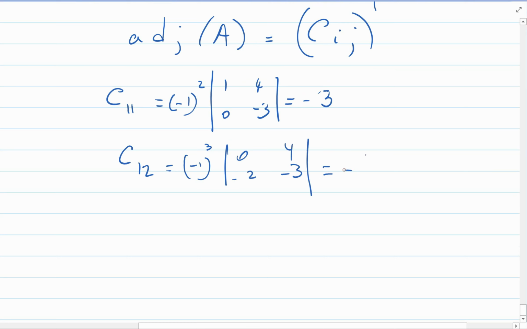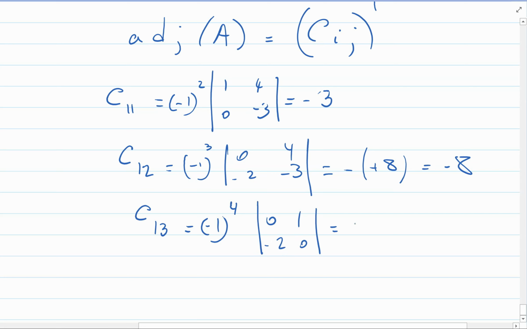This gives me minus, and then plus 8, so minus 8. And then C13, that's minus 1 to the power 4. We remove the first row and the third column, 0, 1, minus 2, 0, and that's plus 2.